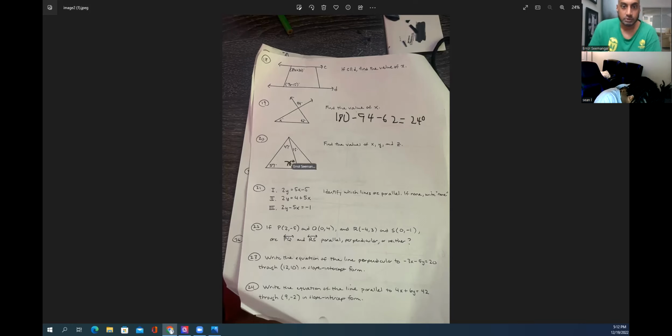Then what would be the next easiest one to find? Y? Yep. 180 minus 76 is what, 104? So that would be Y, 104. And then z would be 180 minus 15 minus 104.